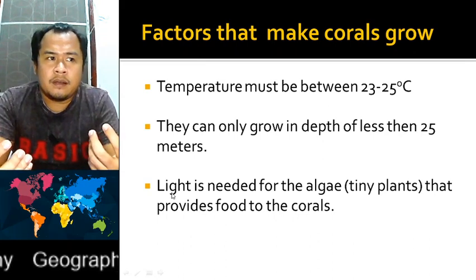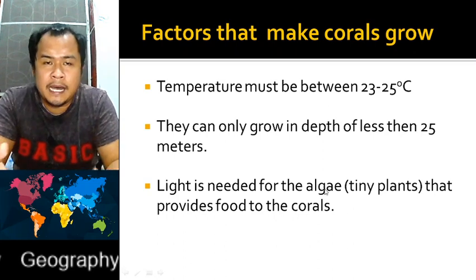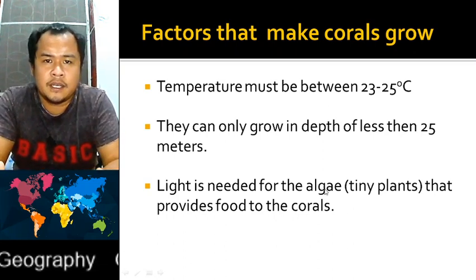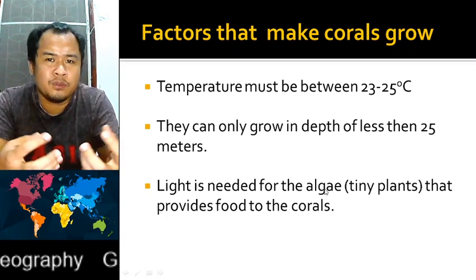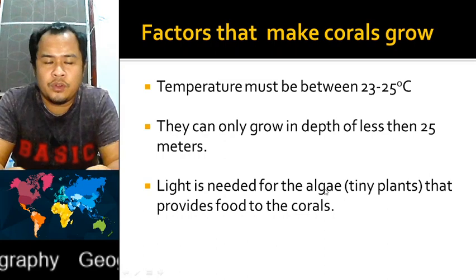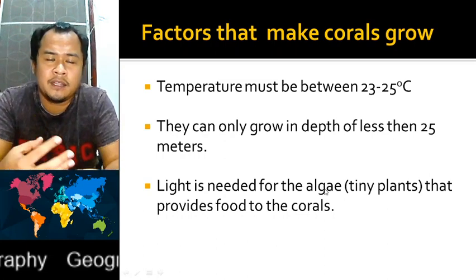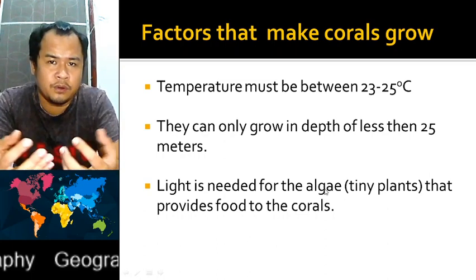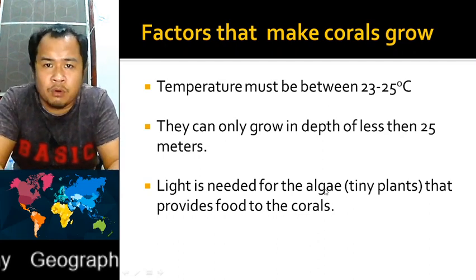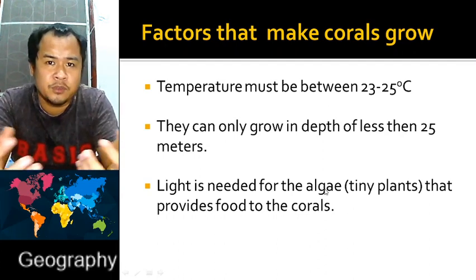There are certain types of small plants needed for the growth of these corals, and they need to photosynthesize. They need to use light to grow. So these plants create their own food through photosynthesis. And when they create food, the corals eat it to grow.